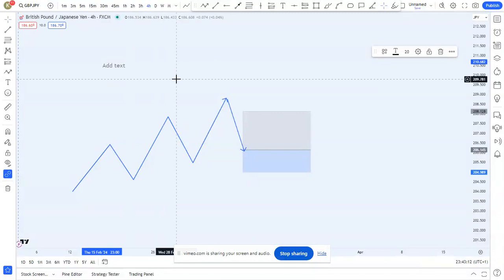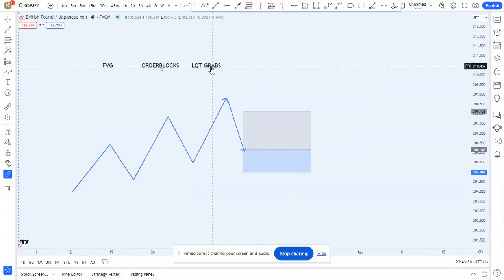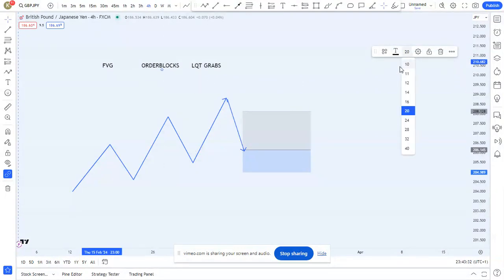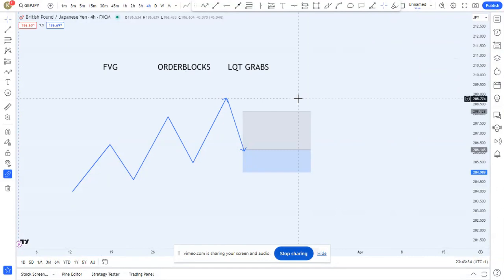Areas you can potentially trade off: FVG, order blocks, and liquidity grabs. So these are points of interest on the chart that you really want to look for trades off.